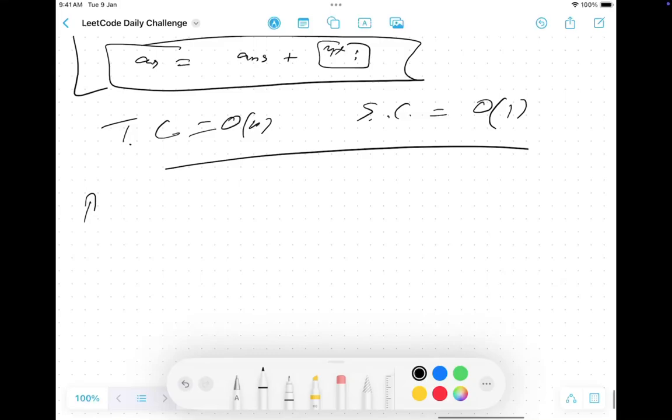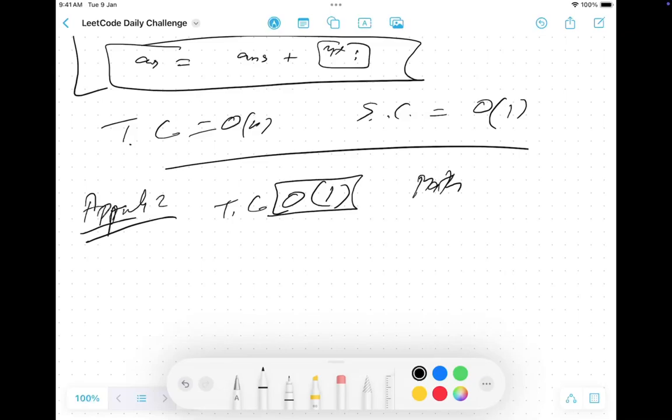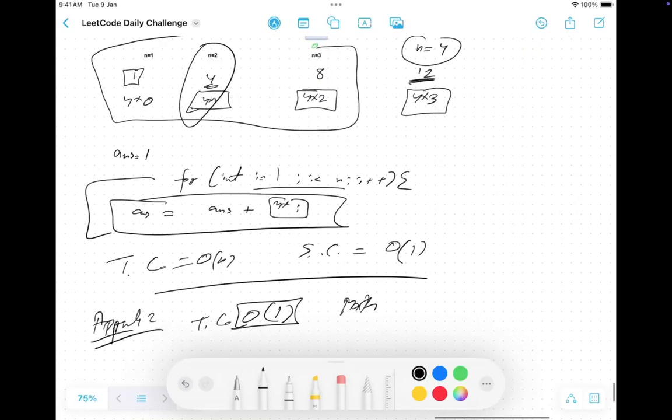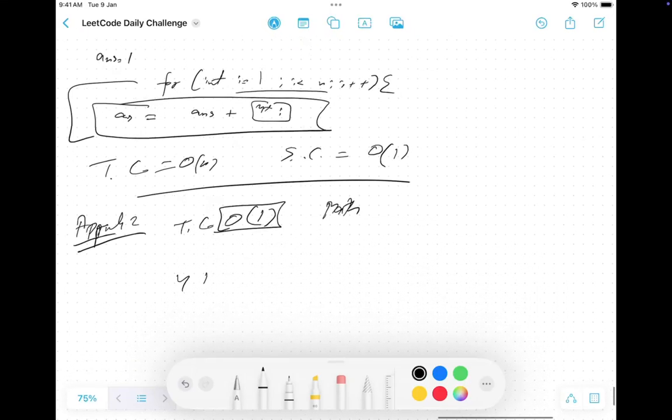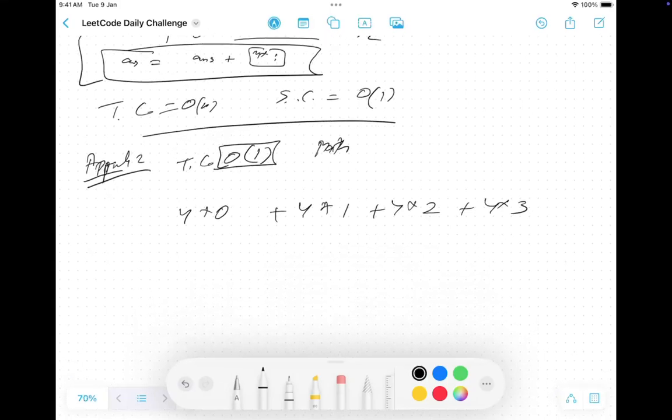But there's an approach 2 which is very interesting, and here we can reduce the time complexity to order of 1. This is a mathematical calculation that we can do. Here we have 4 times 1, 4 times 2, 4 times 3, right? So we can take 4 common.